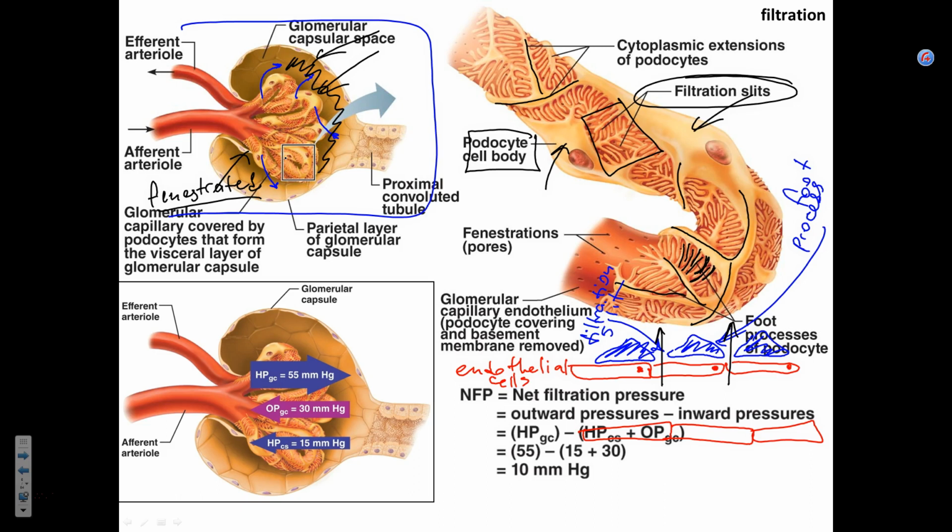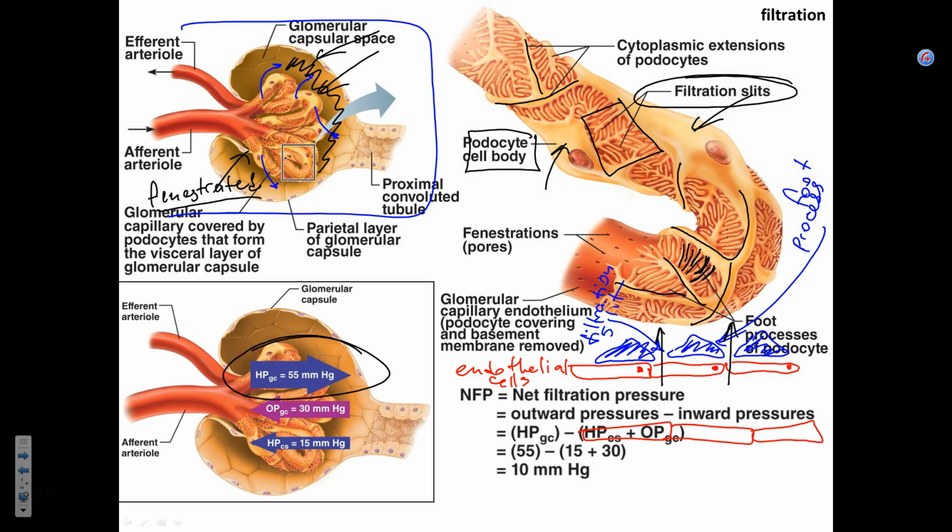Okay, so let's see which pressures participate in the filtration, form the filtrate. Now, we talked before about the fluid leaving and entering back the capillary. So we've got practically the same story here with the glomerular capillaries.